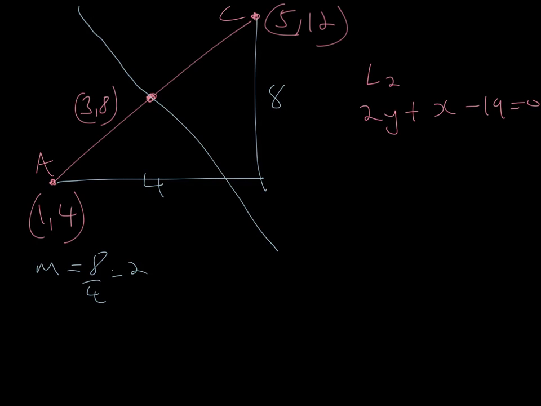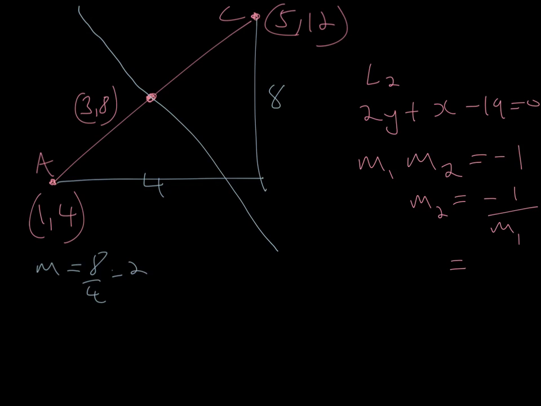Now, we need to recognize that when we have two perpendicular lines, so straight lines at right angles to each other, there is a relationship between those two gradients, such that the gradient of the first line multiplied by the gradient of the second line equals -1. So we can rearrange this and find the gradient of the second equation by taking -1 and dividing by the first gradient.